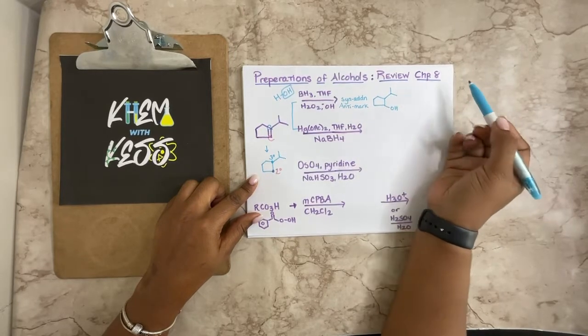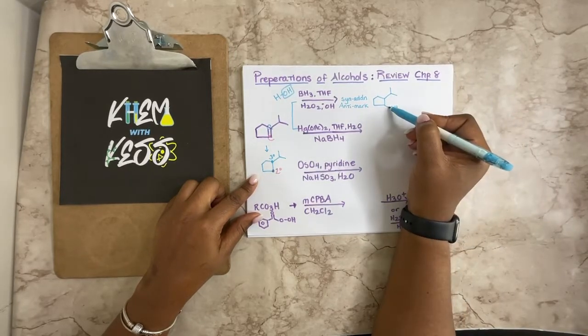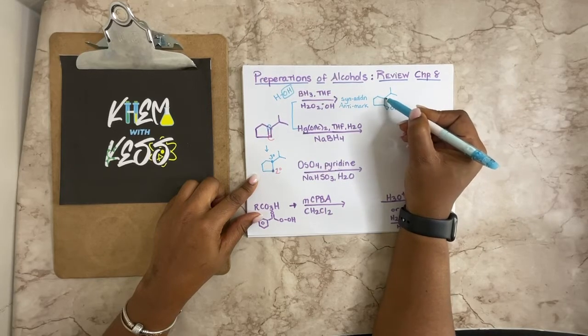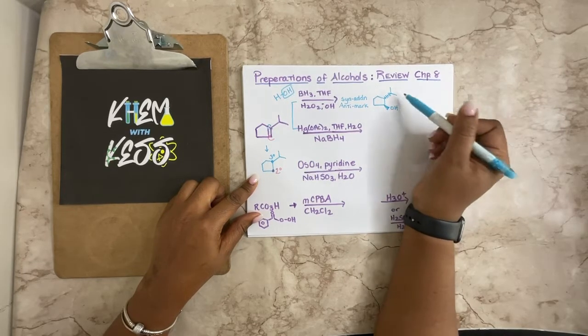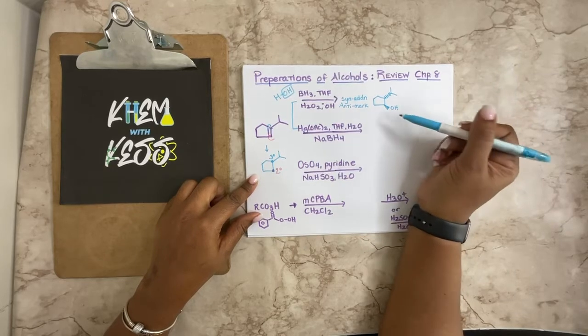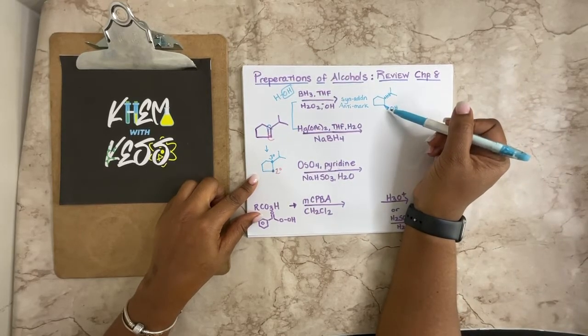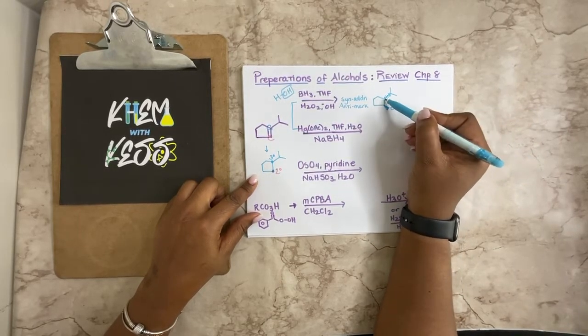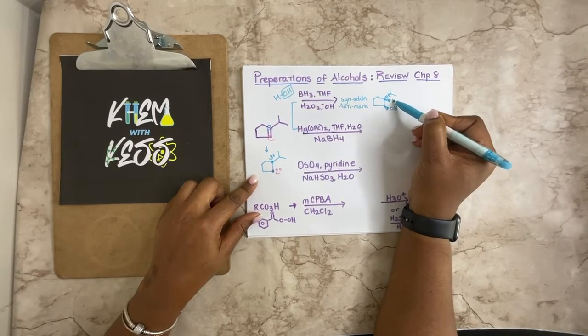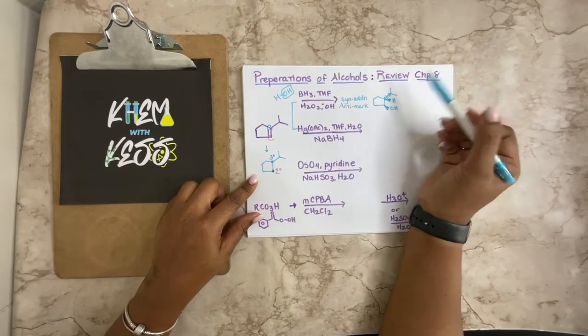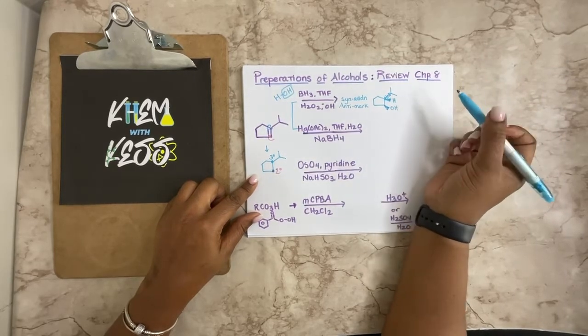So if you didn't draw it in the plane like this and they ask you to put stereochemistry in, you would expect this OH and the hydrogen that's there to be cis, but then your stereochemistry for your group changes. So sometimes when you see this, people are like, Kessie, that's not syn addition. Remember, you're comparing the hydrogen and the OH that's there. That is syn addition. So that's the little trick for this one.